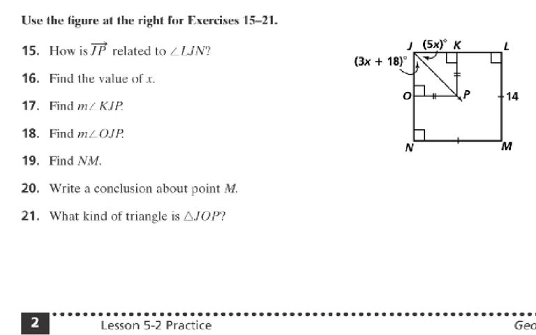Well, here's what I know. The fact that it's marked congruent here, and we have these perpendicular segments, means that it's an angle bisector. Because that's what the theorem said, it would have to be an angle bisector for that to happen. So ray JP is an angle bisector of angle LJN.